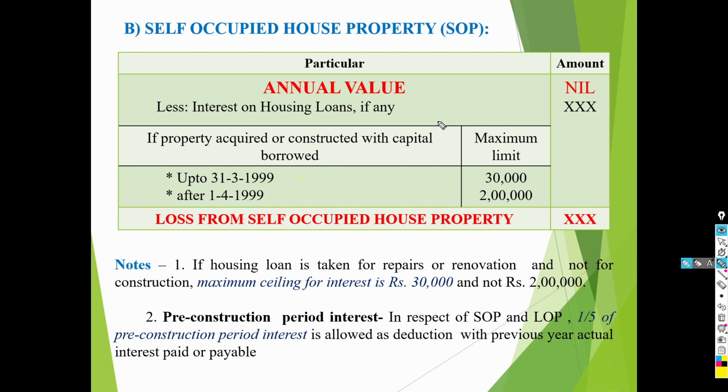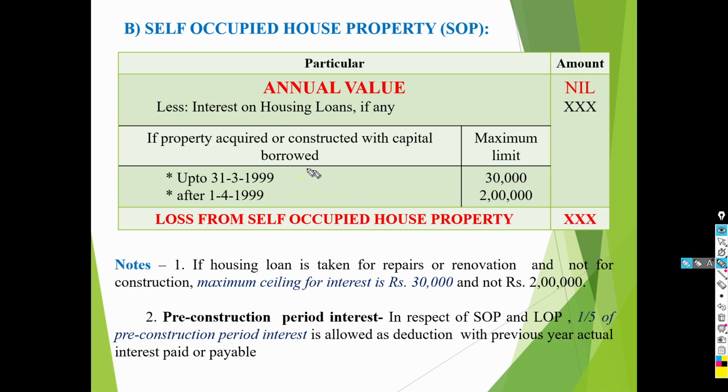For a self-occupied house property, in case of interest on housing loan, a maximum limit is given. Here, if the property is acquired or constructed with capital borrowed up to 31/3/1999, the maximum limit for deduction is rupees 30,000.